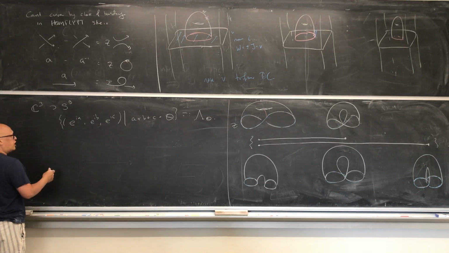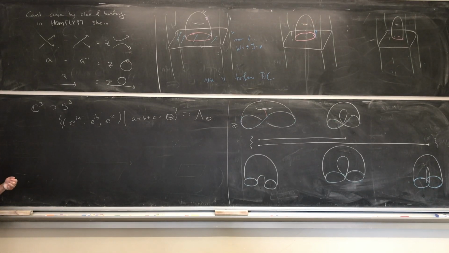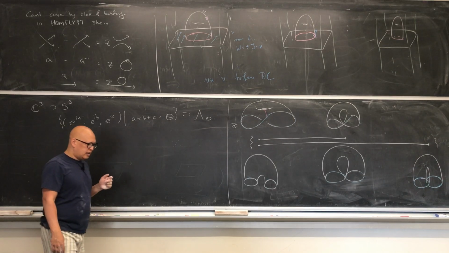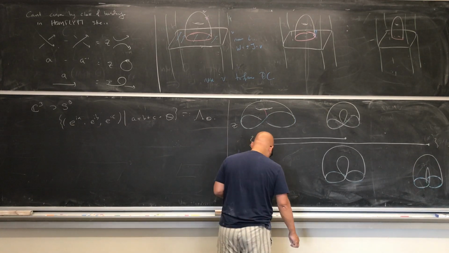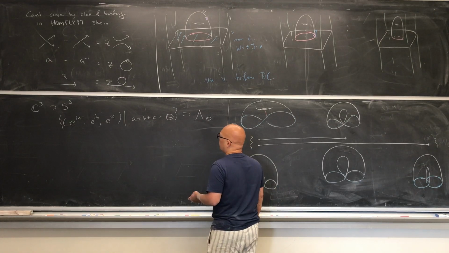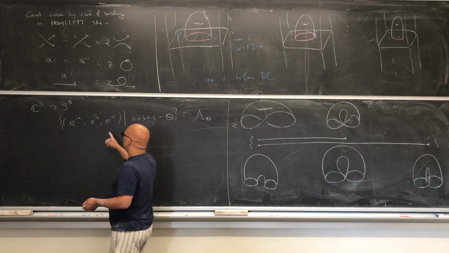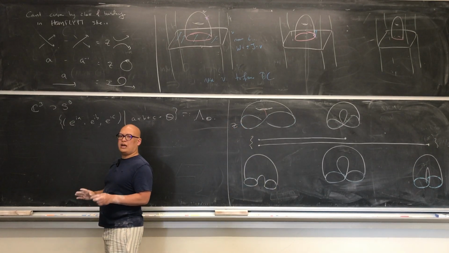Any one of those tori, you can cone it off down to the origin. That gives you some cone. And you can smooth that cone in basically three ways, corresponding to the three coordinates. I don't want to say any more than that.